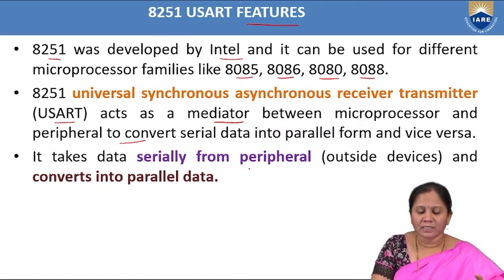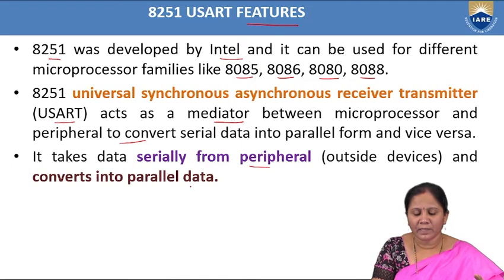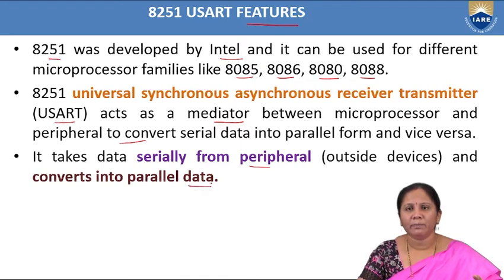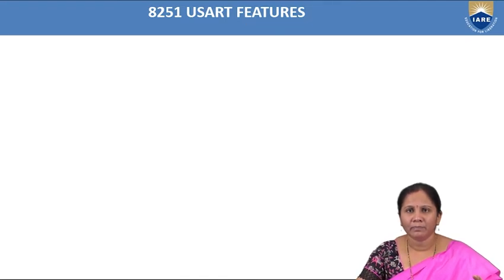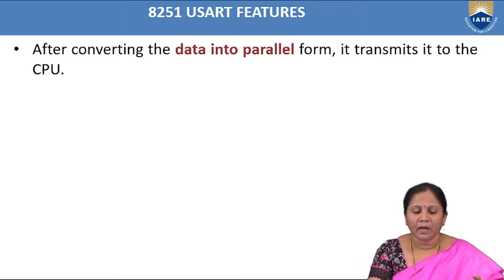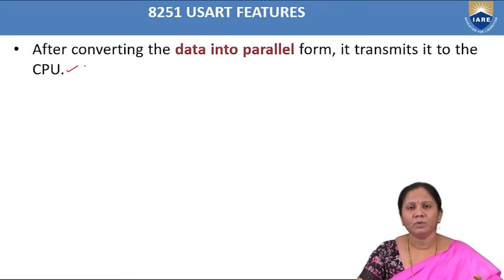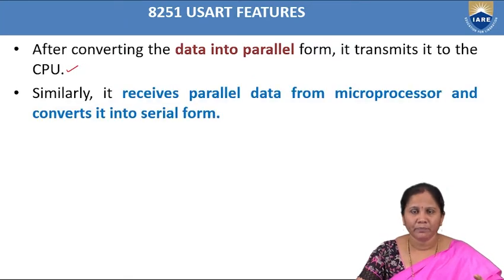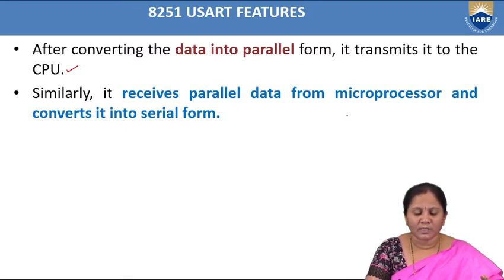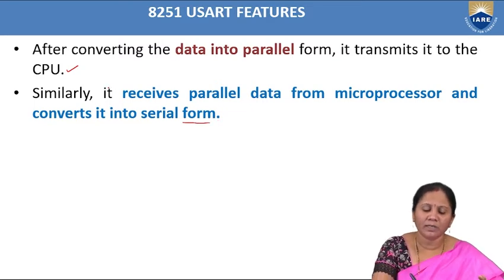So it takes data serially from the peripheral devices and converts it into parallel data. After converting the data into parallel form, it transmits it to the CPU. Here the CPU is the microprocessor, and the USART receives the parallel data from the microprocessor and again converts it into serial form.